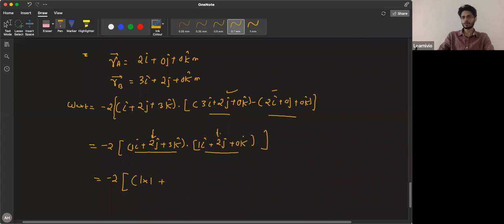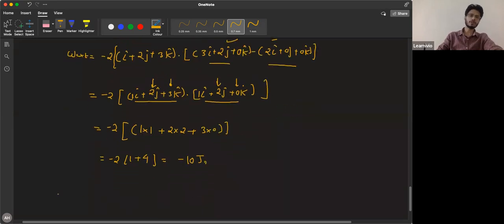Here also the coefficient of j cap is 2, so it's 2 into 2. Coefficient of k cap is 3 and the coefficient of k cap is 0, so that's 3 into 0. So it's minus of 2 times (1 plus 4). So you get minus 10. This is work done by external force.